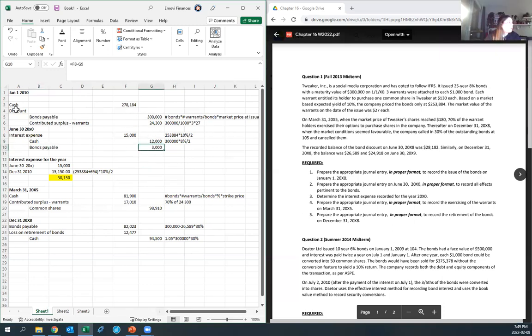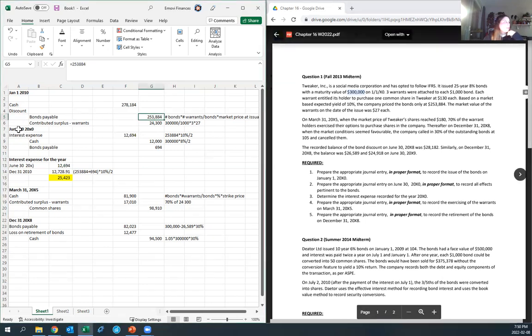From the fair value. Hold on, I'm going to just correct my transaction. It's the 253,884. So you add it because it's been issued at a discount. So your bonds payable book value is lower than your maturity value. So at each payment period, you want to increase your book value to get to your maturity value of 300,000.